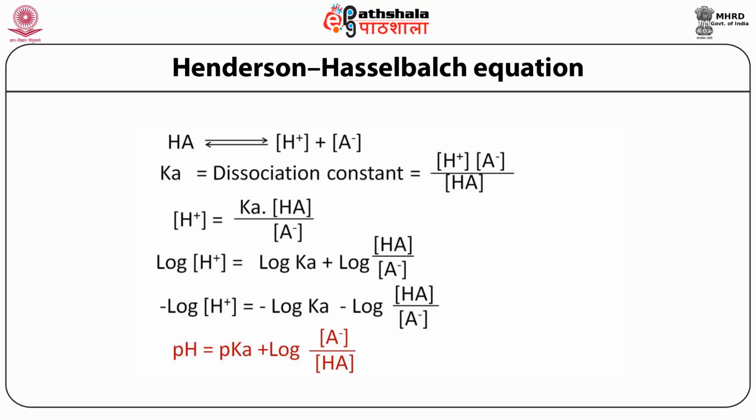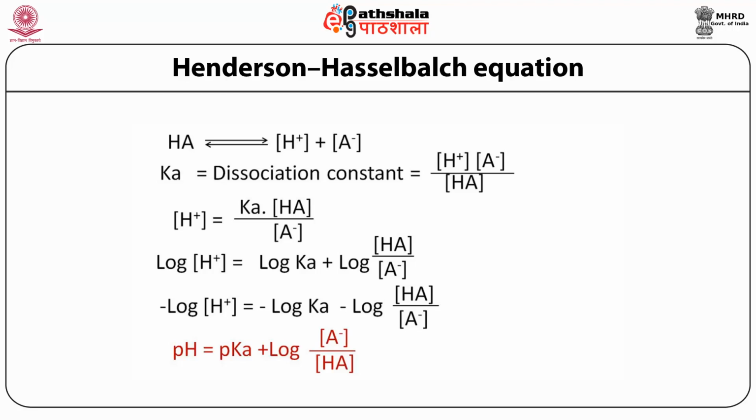Since we have already defined pH and pK, pH is minus log of hydrogen ion concentration and pK is minus log of Ka. So let us convert the sign of this equation. This turns out to be minus log [H+] is equal to minus log Ka minus log [HA] over [A-].